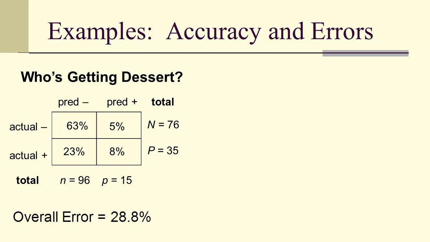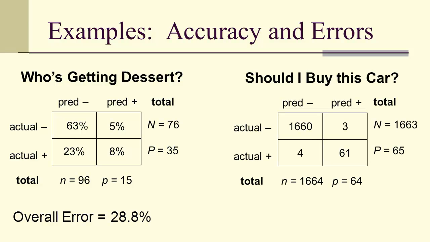So for the dessert data, let me back up and show you that again. Notice we've got 70 here, and we can write that as a percentage of the total, and the false positives, false negatives, and true positives as percentages also, and that gives us something that's on the same basis as the overall error.